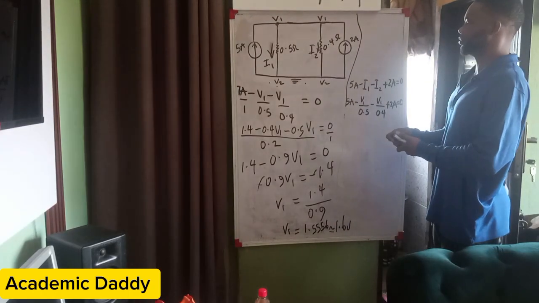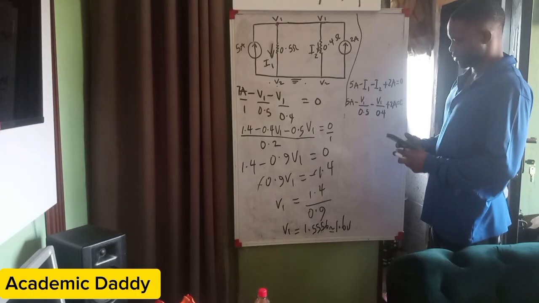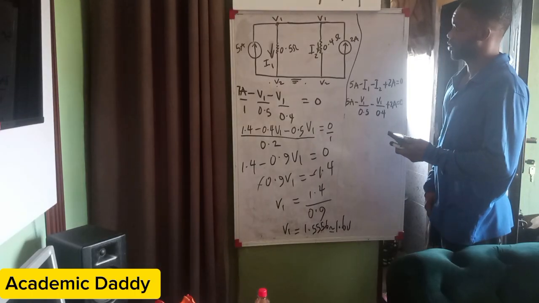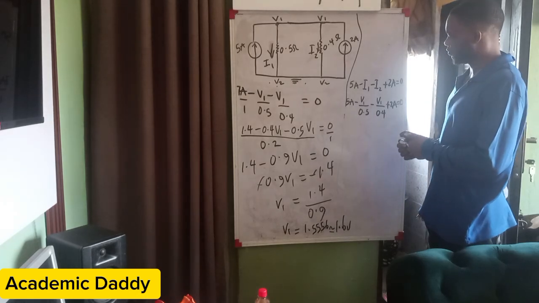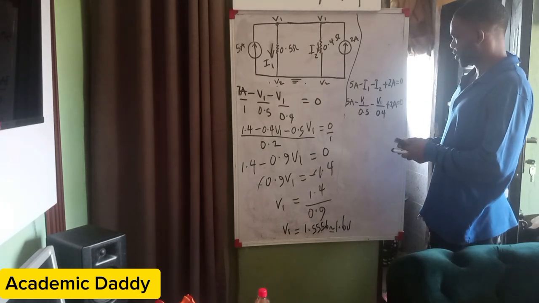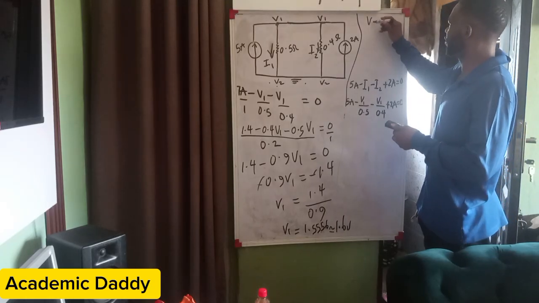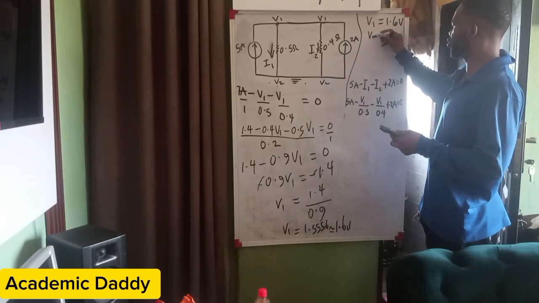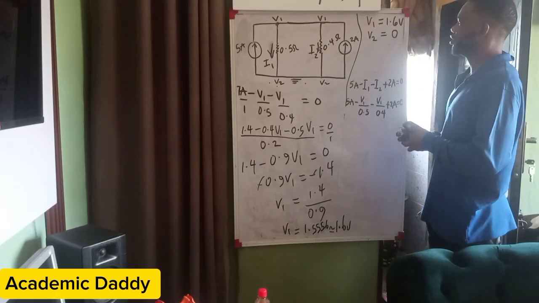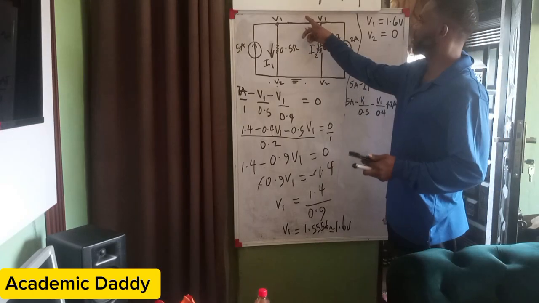That is for V1. Now for V2, V2 is 0 already, so we have that V1 is equal to 1.6 volts and V2 is equal to 0.